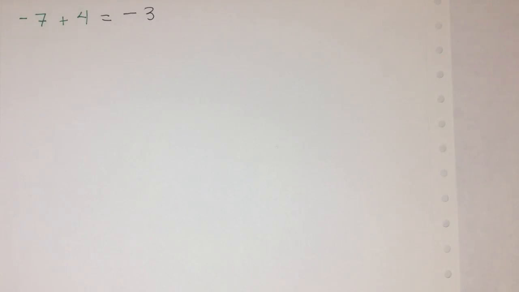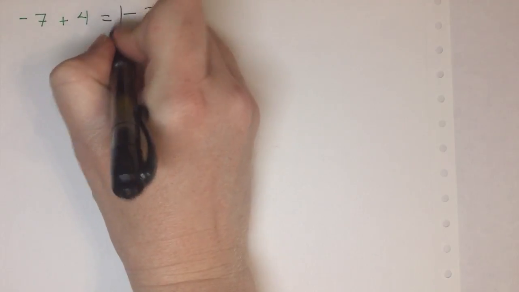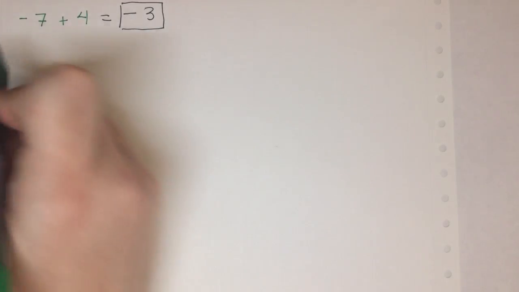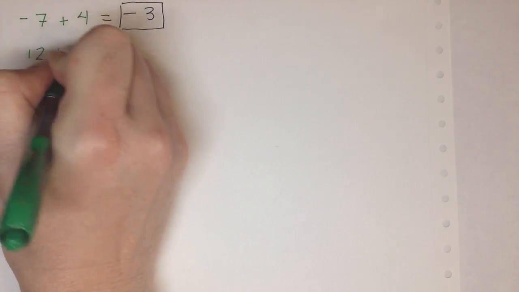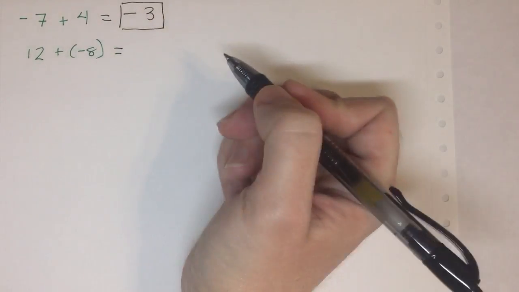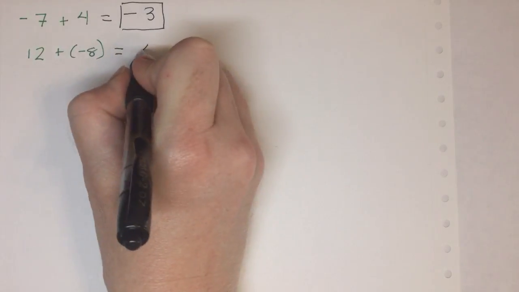The difference between 7 and 4 is 3. And then I've got to be careful with that sign, the negative. 12 plus negative 8. I have $12. I owe $8. Well, I'm going to end up having money, but I'll only have $4 I can spend.